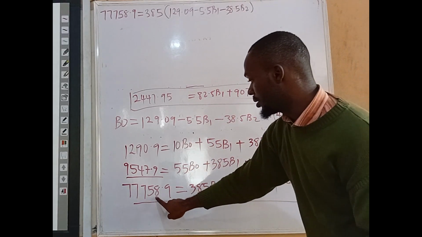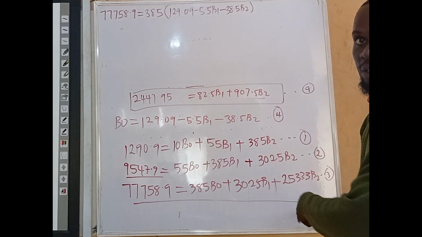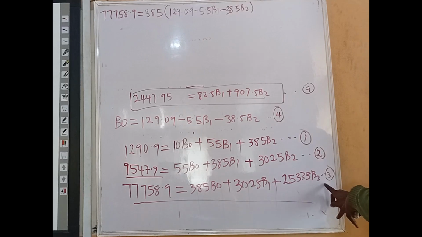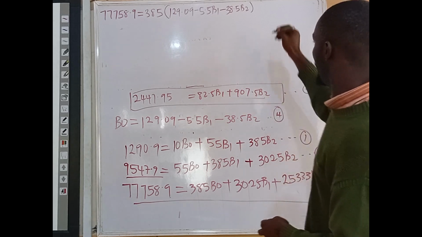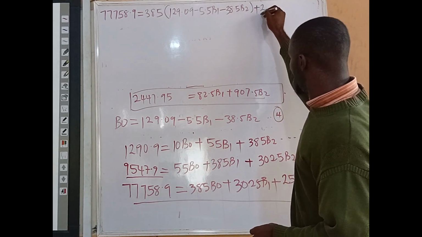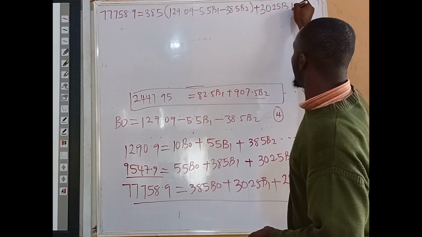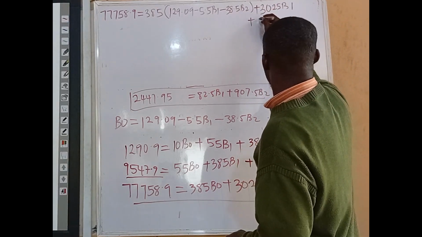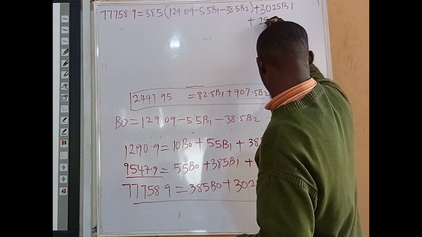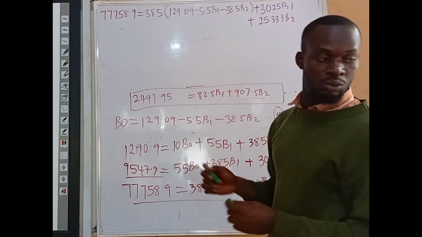Replacing B naught in equation 3, then we now have plus 3025 B1 plus 25333 B2.